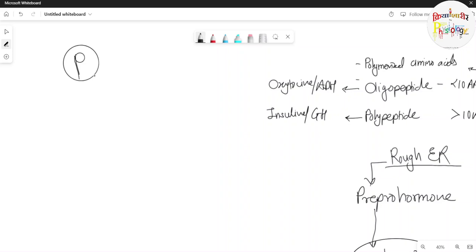First is pituitary. The hormones of the anterior and posterior pituitary are peptide hormones.